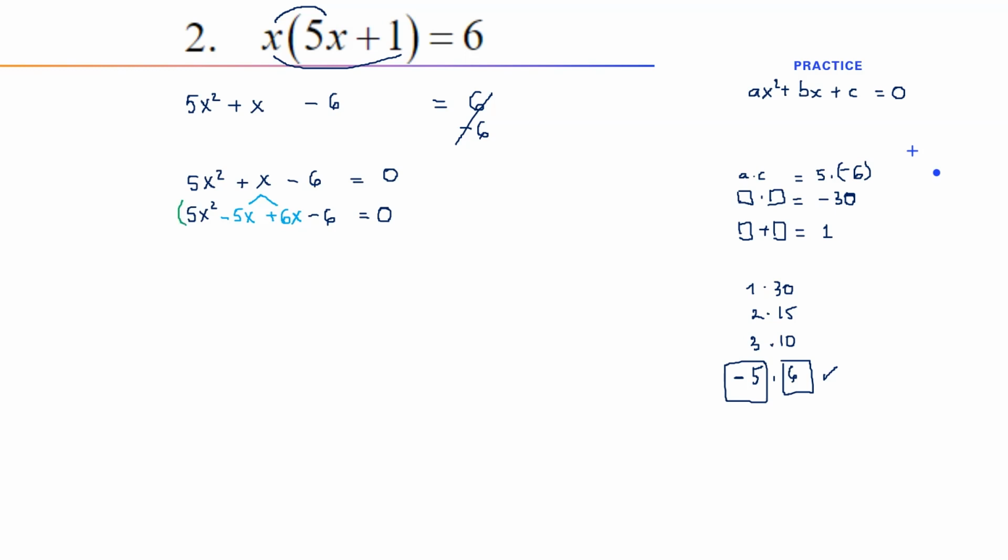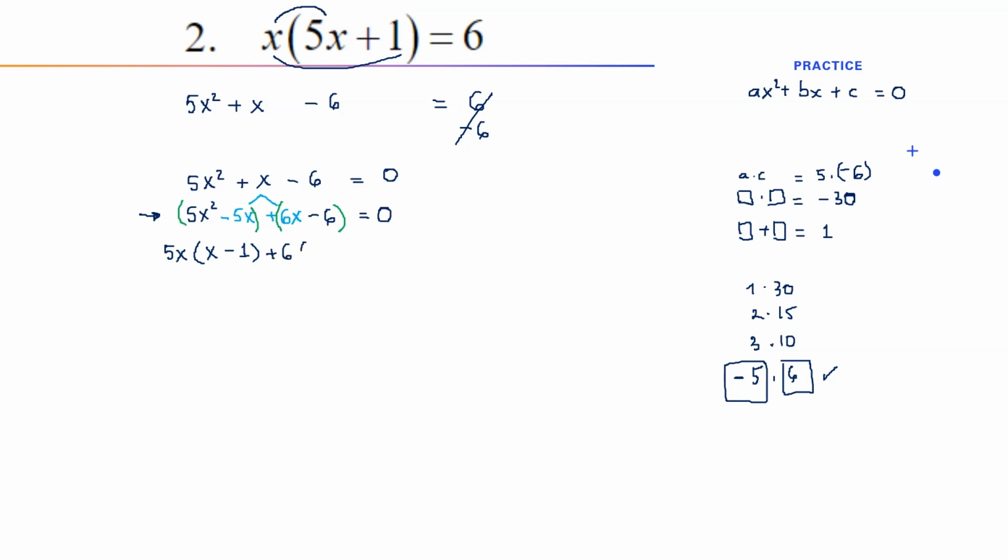Now we group it, two and two. For the first group, we have 5x in common. We take it out as the common factor, and we're left with x minus 1. Making sure every time we factor, we distribute it back in to see if we have the original one. Okay, for the second group of 6x minus 6, we take 6 in common.